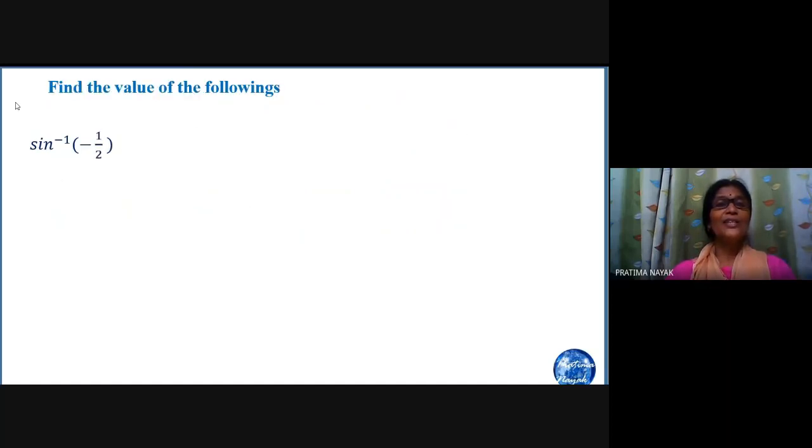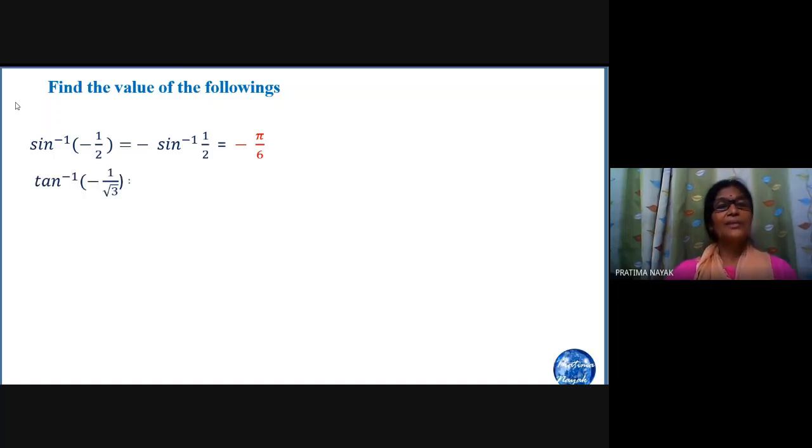So basing on this, now try to find sine inverse minus half. It is simple. It will be minus sine inverse half. Sine inverse half is how much? It will be 30 degrees, pi by 6. So it will be minus pi by 6. Isn't it simple?